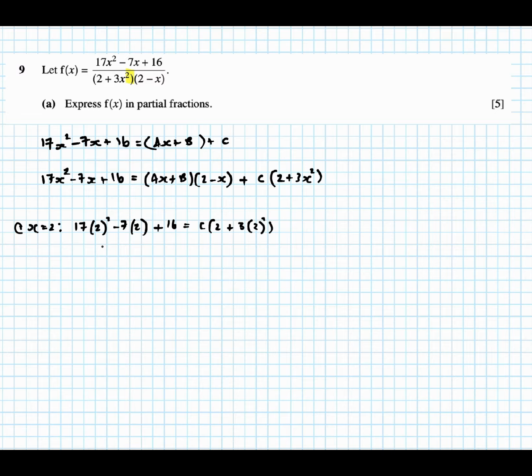So just doing it out, we can find C. 68 minus 14 plus 16 equals 14C. C is equal to 5. We've done that out. For the next one, often you'd use another value of x, like x is equal to something. But we don't know, so we're going to make x equal to 0, or x equals 1, minus 1, but x equals 0 is probably our best bet.